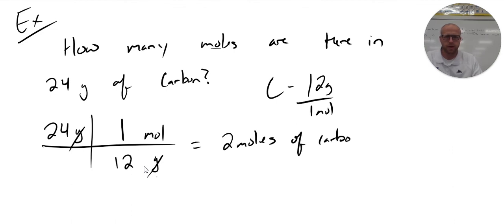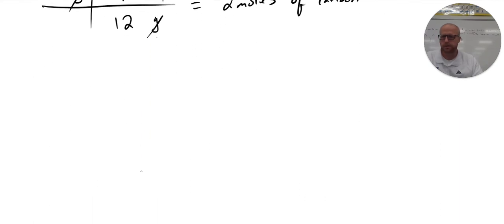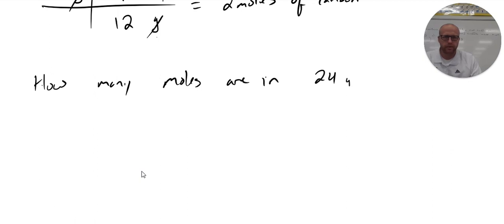Okay, let's do another one. Let's say I want to know how many moles are in 24 grams of oxygen this time. So again, I can set up my railroad track, my dimensional analysis.